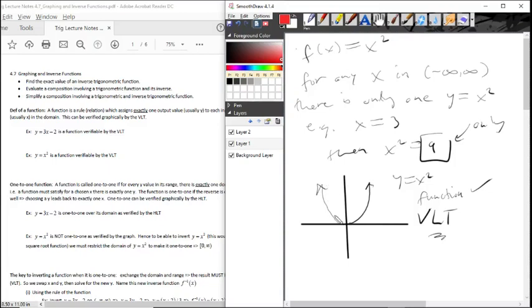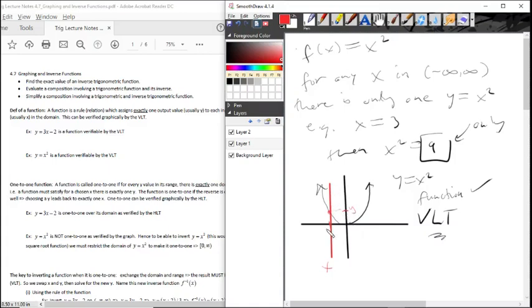So for example, if I choose an x value out here, then I can draw a vertical line through there. And what I'm checking to see is that for that value of x that I've selected, there is only one associated value of y from the graph. That's what verifies that this is in fact a function.